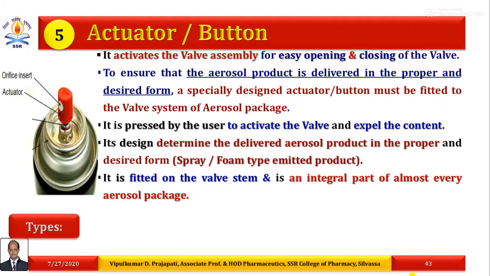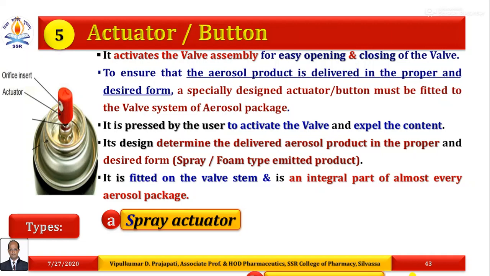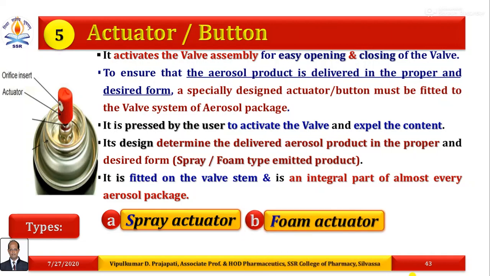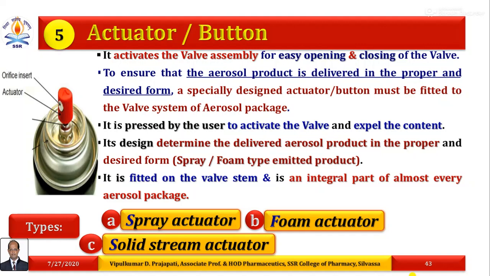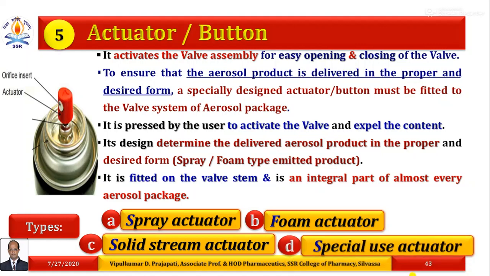What are the different types of actuator or button? The first type is known as spray actuator, second foam actuator, third one is solid stream actuator, and the last one is special use actuator.